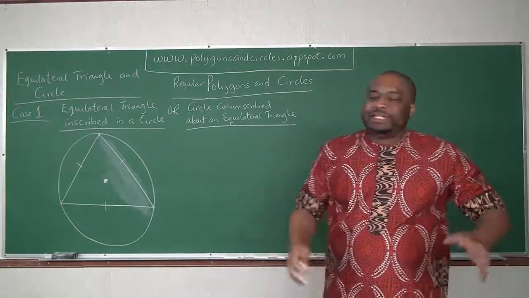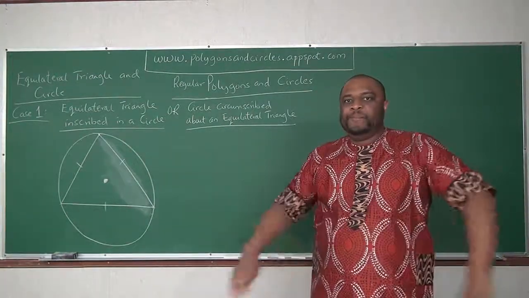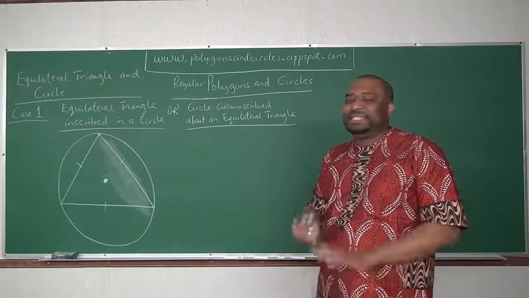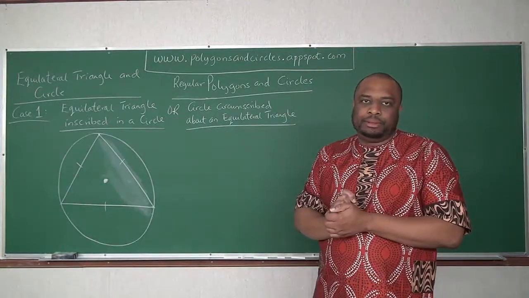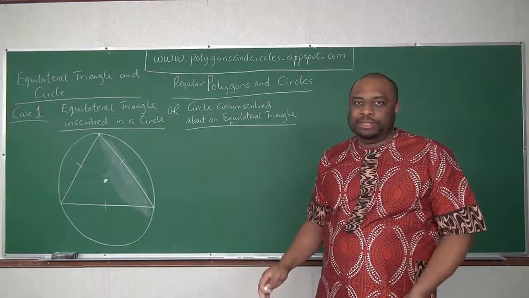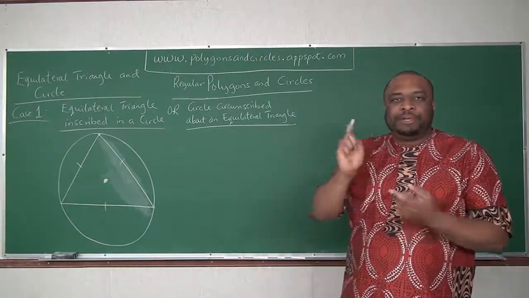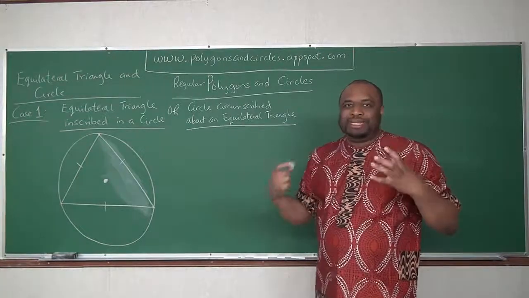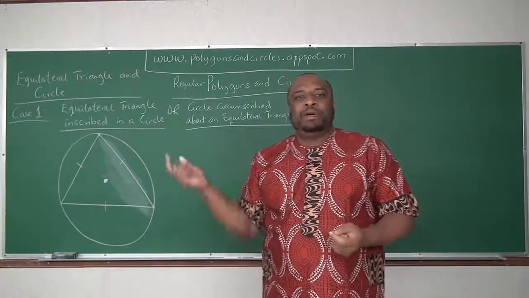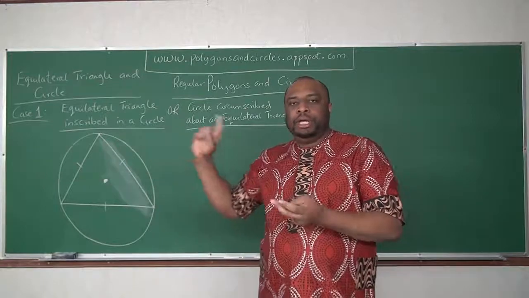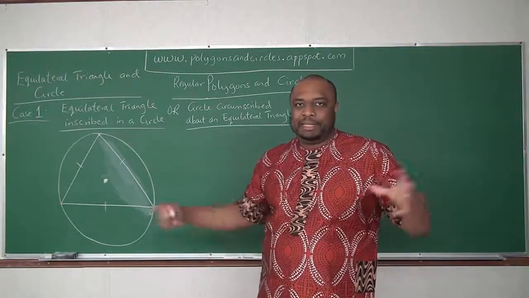So we start with the triangle. That is the easiest regular polygon. The smallest regular polygon is a triangle, because the polygon has to be closed and has to have straight sides. A polygon is a two-dimensional figure, closed with straight sides.